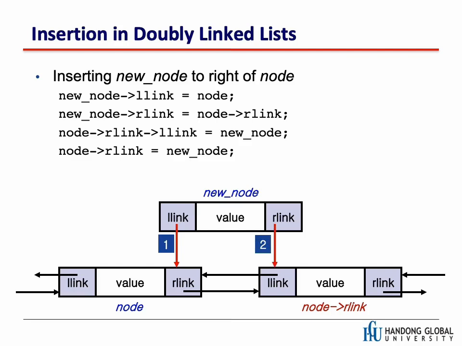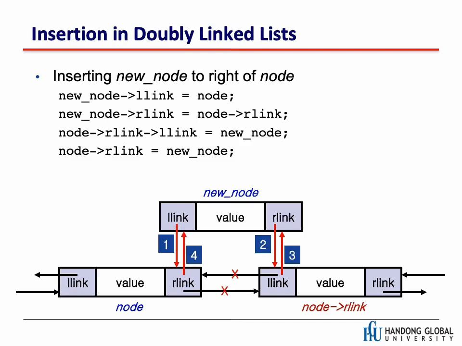And then the third step is that node right link's left link is pointing to the new node. Again, node R link is pointing to the right node, and that node's left link is pointing to the new node. And then the last statement says node R link is pointing to the new node.